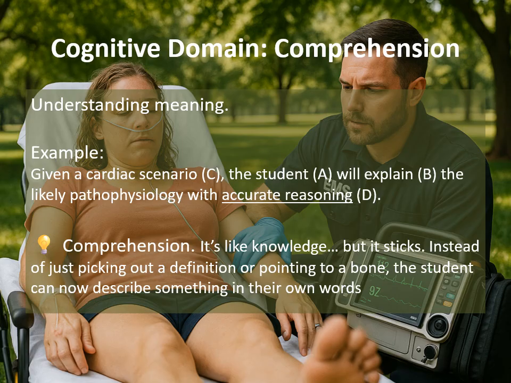So with comprehension, they really kind of understand it. They're not able to just point or list or pick out or match. Now they're able to actually talk about it. Using their own words is the big part here. That is very often what you'll see, like they can use their own words in describing something.